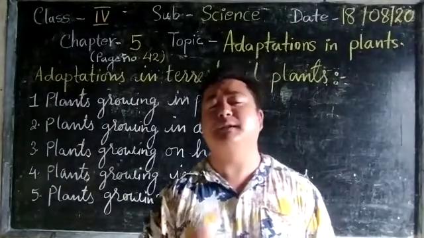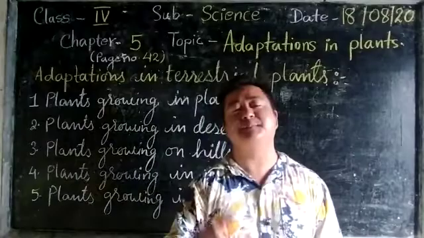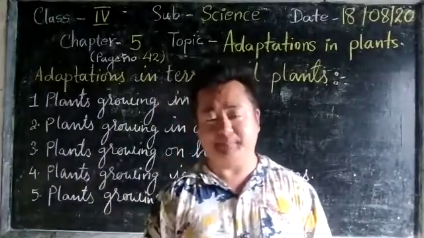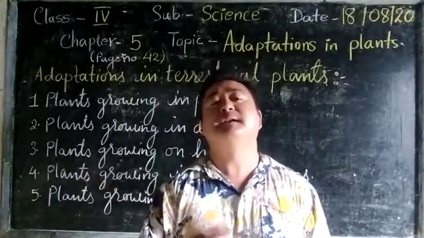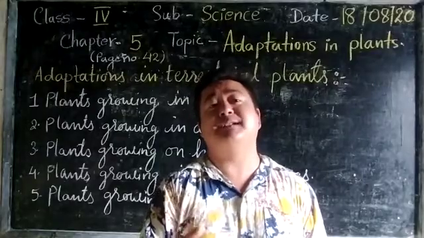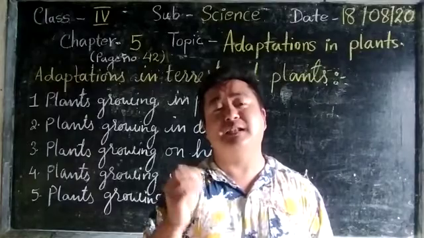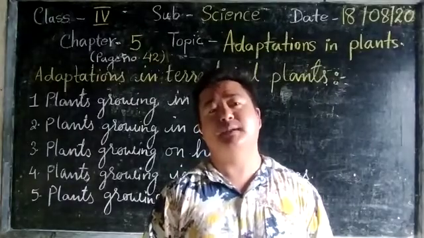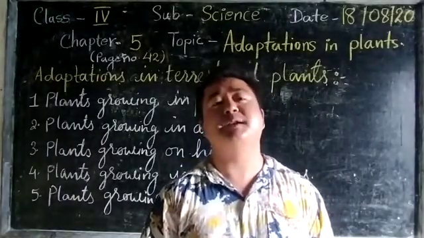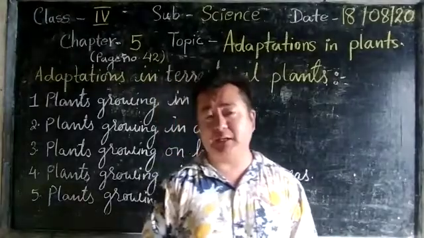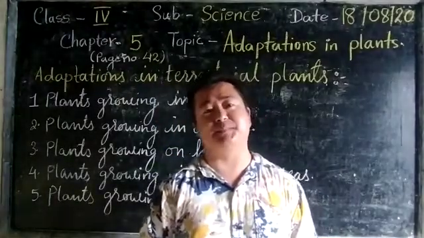The plants that grow in areas that receive less rainfall have adapted in such a way that they shed their leaves during the autumn, and again replace them with green leaves during the spring season.